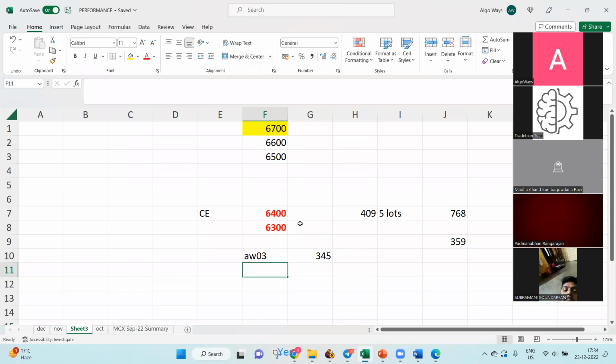Another change we have made: all the strategies are non-directional, so if the market falls suddenly, say 200 or 300 points, there is a criterion that the trade will exit without taking any further adjustments, even if it is at a loss and the loss has not reached the strategy's overall exit loss.